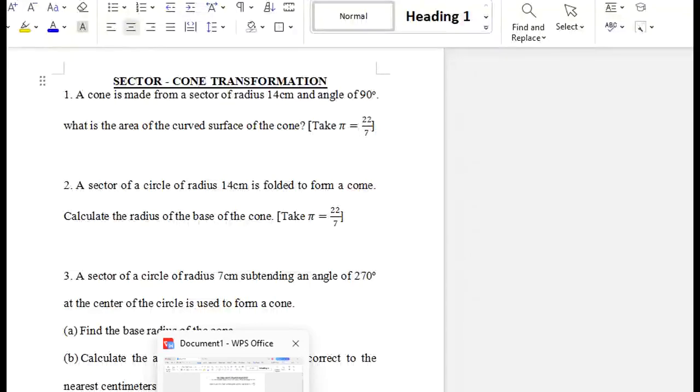So for our question 1, it says a cone is made from a sector of radius. Now listen to the question.